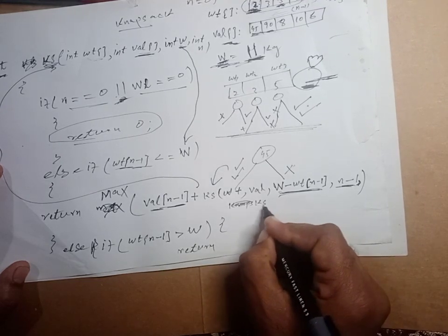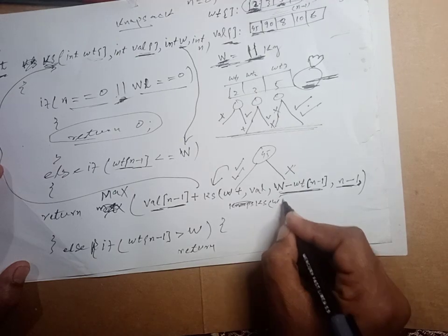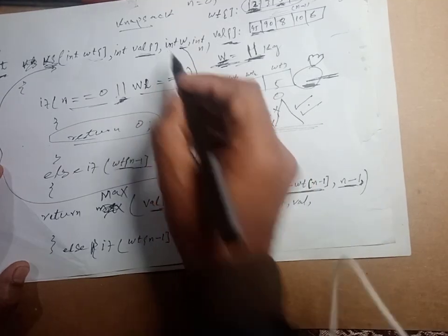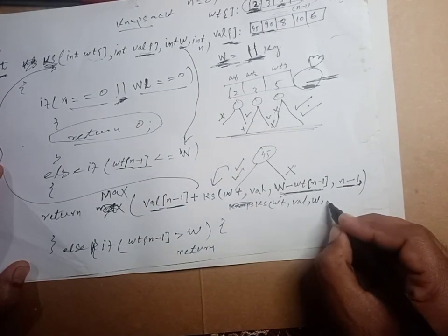ks is the name of the function, and what first argument wt, second is value, third is capital W, and n minus 1.